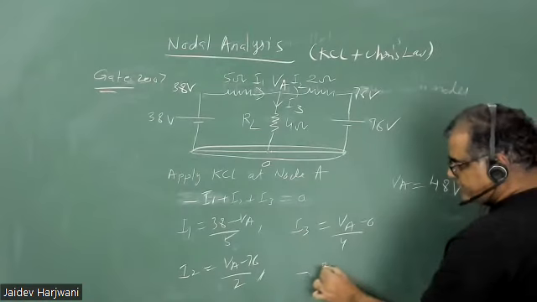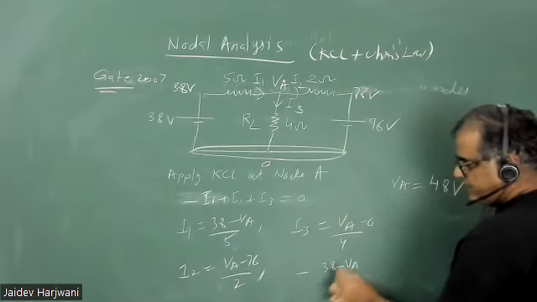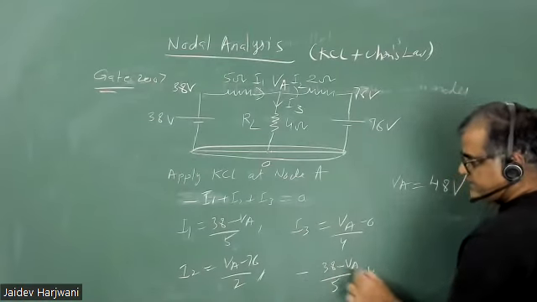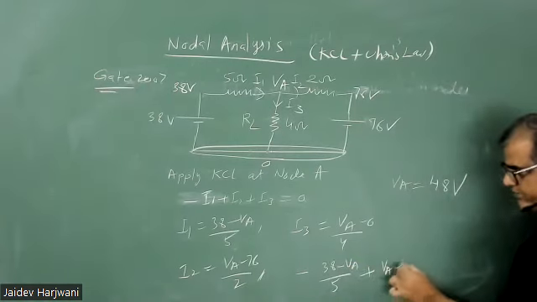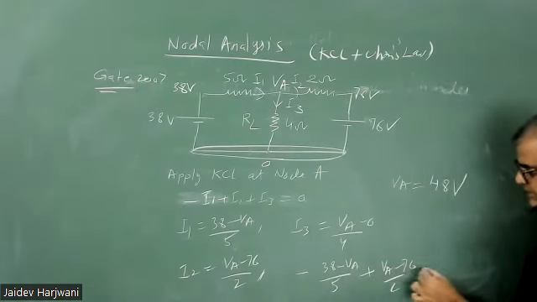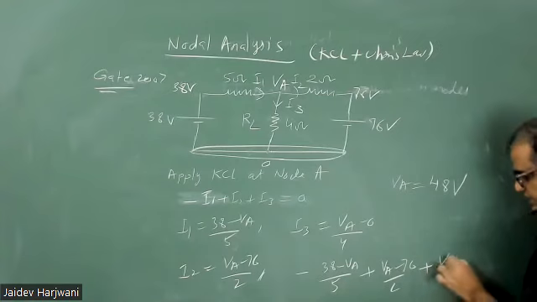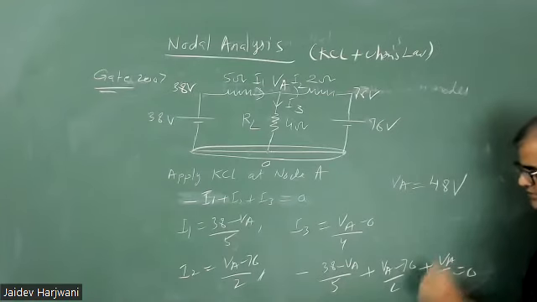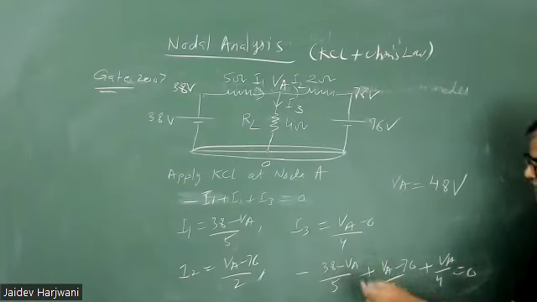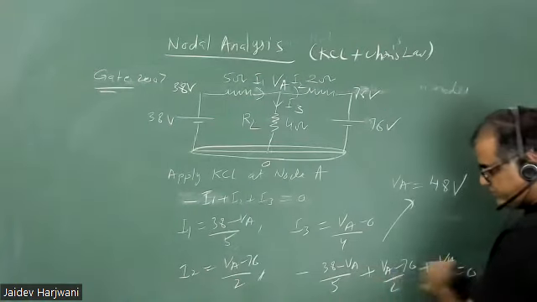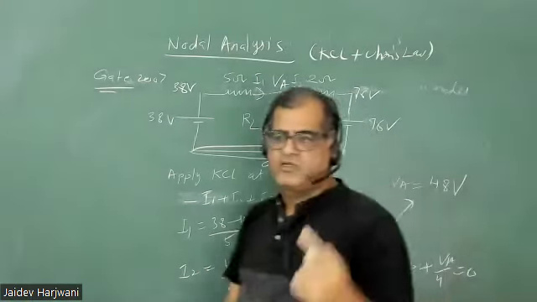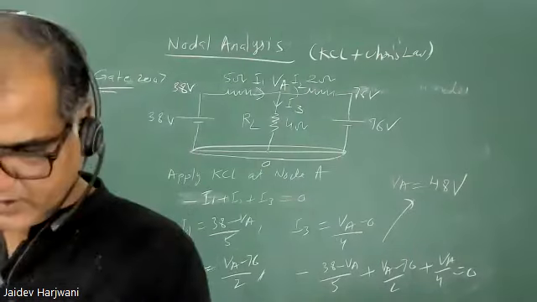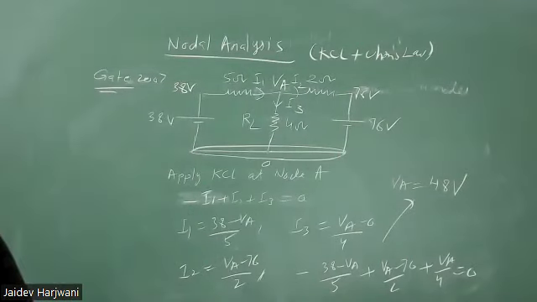Minus (38 minus VA) upon 5 plus I2, which is (VA minus 76), plus I3, which is VA upon 4, equals 0. Now if you solve this, it should come like this: one voltage, one unknown, one equation. Okay. So that you can do.